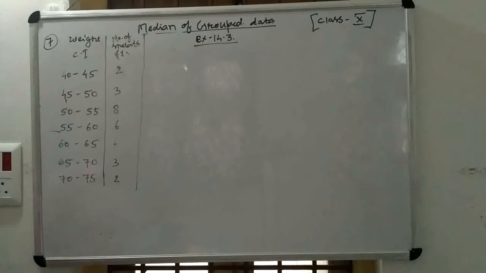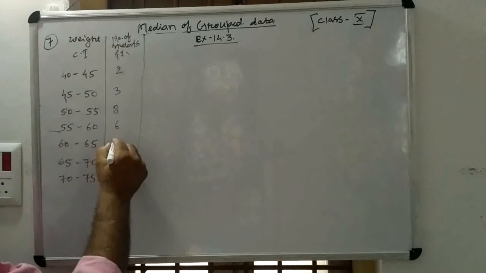This is our frequency. So let me check the frequency once: 2, 3, 8, 6, 6, 3, 2. Yes. And now we are supposed to find the median weight.